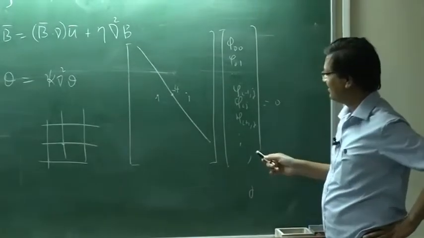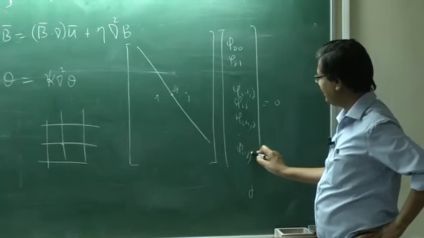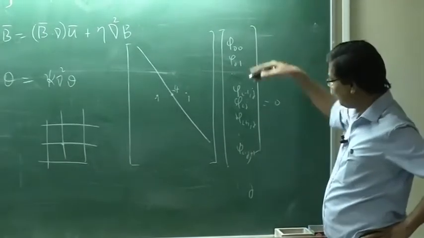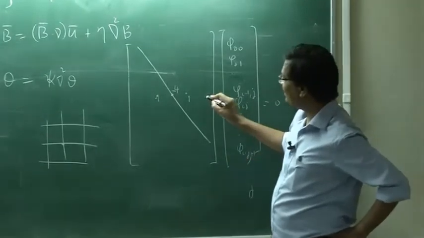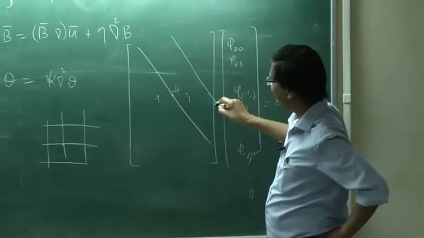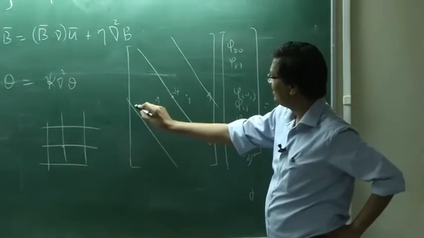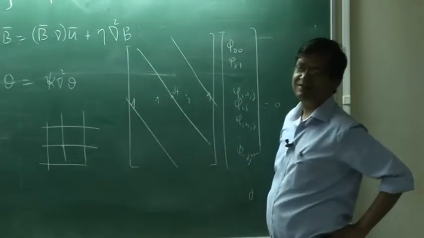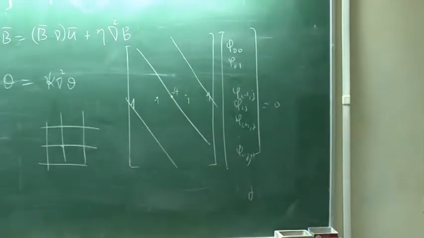What are they? Phi i j plus 1 somewhere down the line, which will be somewhere here. There is another line with a 1 sitting here, and another line with a 1 sitting here. So, there are 5 lines, the center line is minus 4 and there are ones like that.